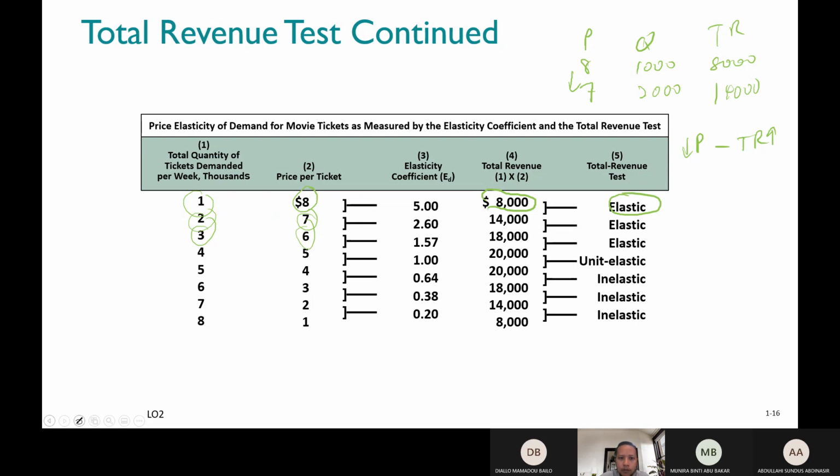Another way is calculating it through the midpoint formula just now.